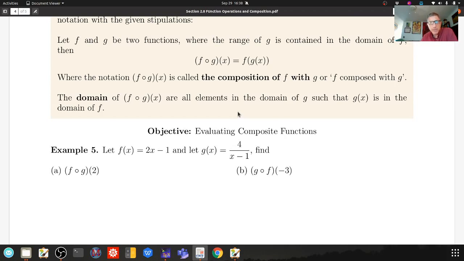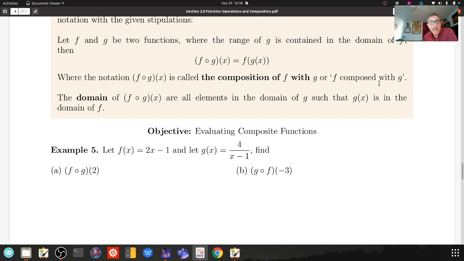Then f composed with g of x is f evaluated at g of x, where the notation f composed with g is called the composition of f with g.